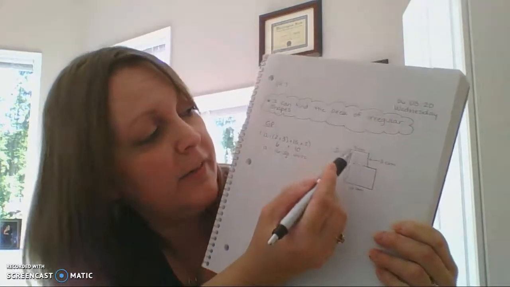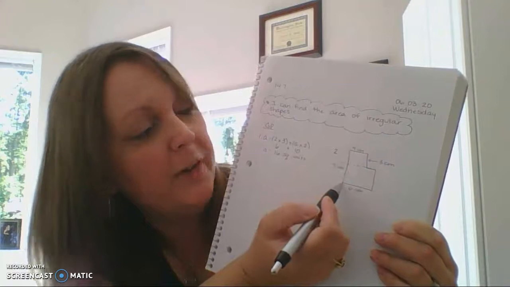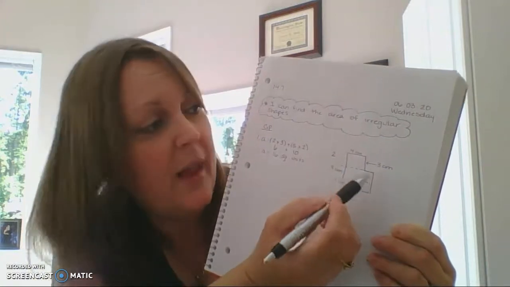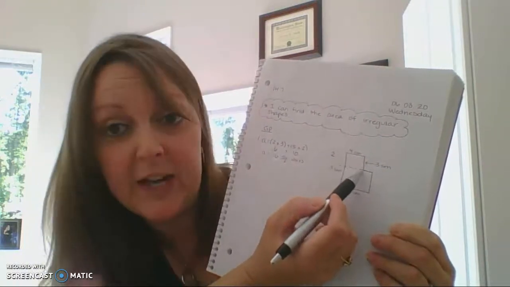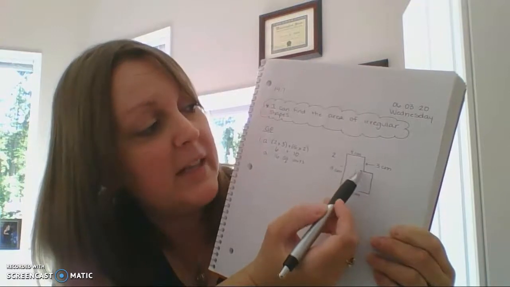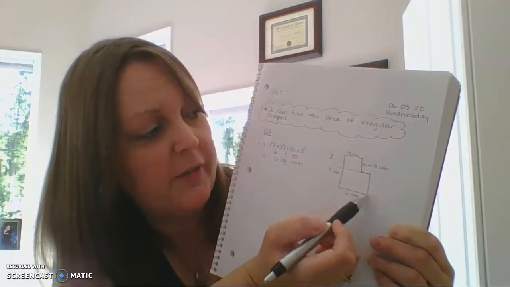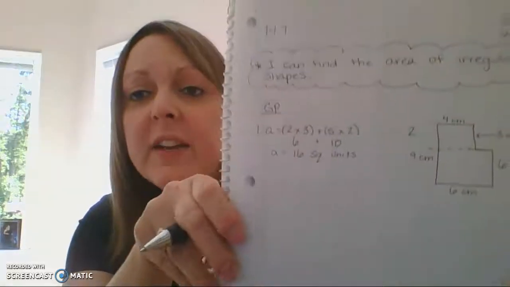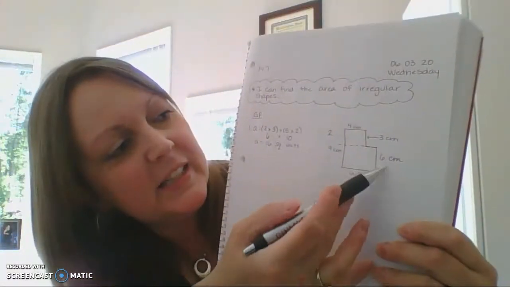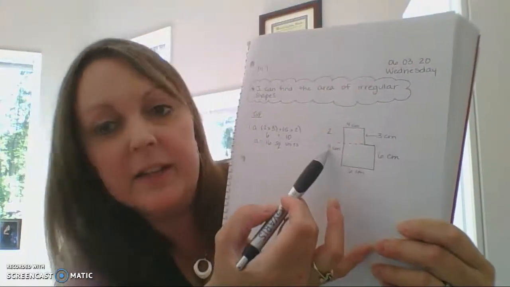However, I know that if this whole thing right here is 9 centimeters, and this one here is 3, so 9 minus this 3 leaves how much left over? Good job. So that little spot right there is 6 centimeters. And then if I add it up, I can say 6 plus 3 is 9.